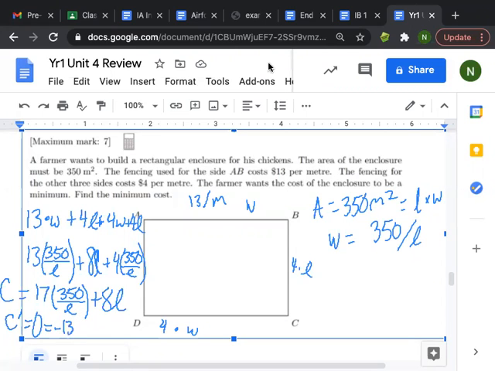I did the 13. Would you put 17? So it's 17 times 350. Yeah, negative 17 times 350 divided by L squared plus 8. And then solve.